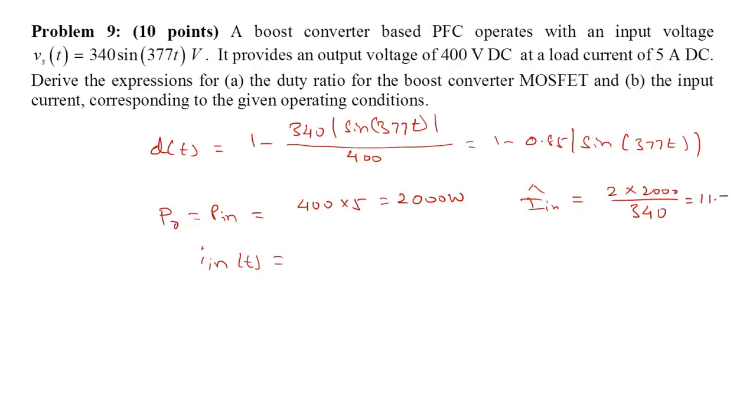That's 11.76. So I in of t is 11.76, and it's going to be in phase with the voltage, so sine 377t amperes. Okay, that's it, we're done.